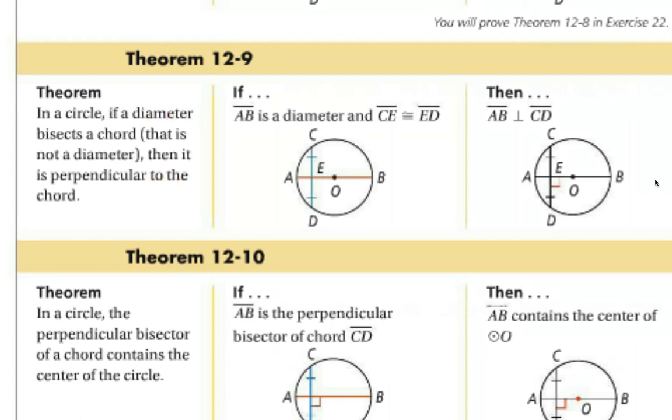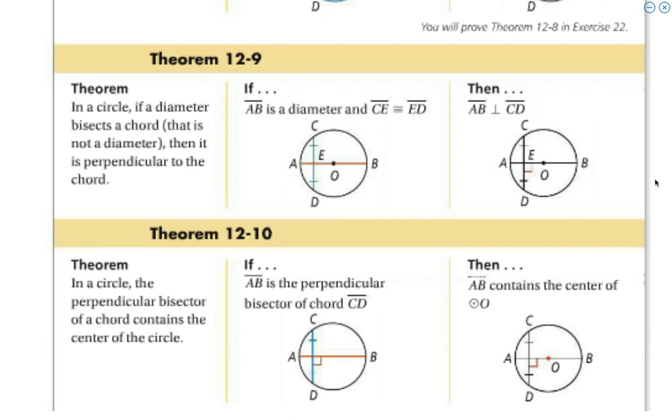So if a diameter bisects a chord that is not another diameter, then it is perpendicular to the chord. Sort of saying the same thing as above, but it's kind of just focusing on that perpendicular right angle. I guess you might want to argue, if you wanted, that maybe that one should be established first.